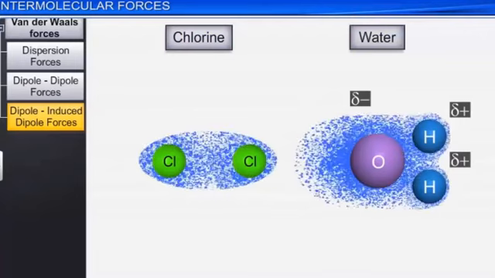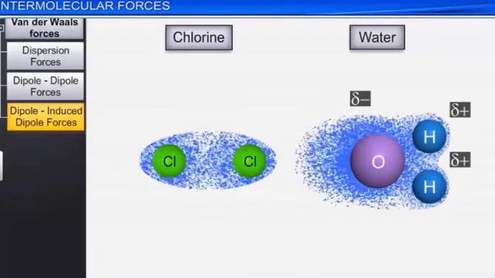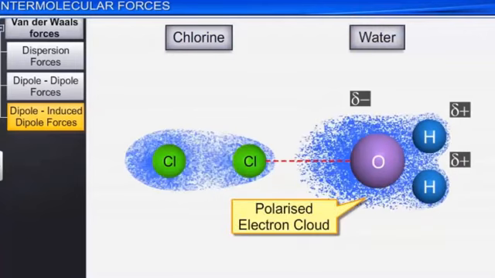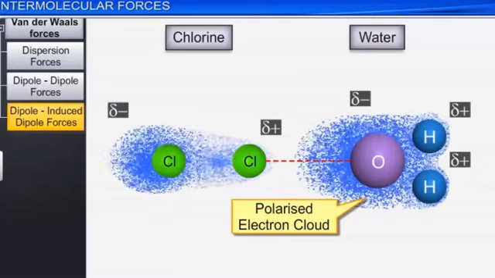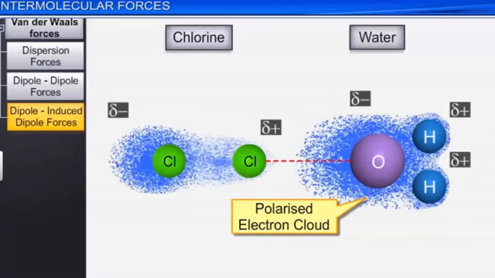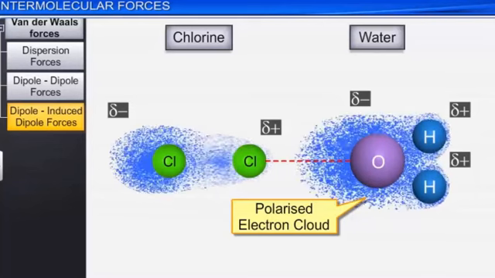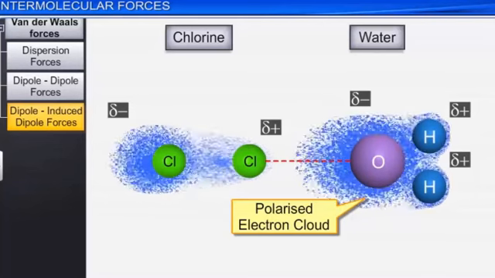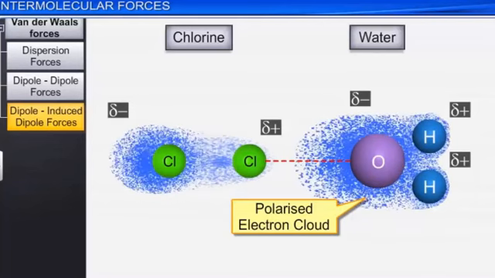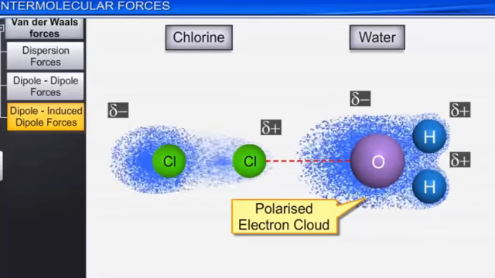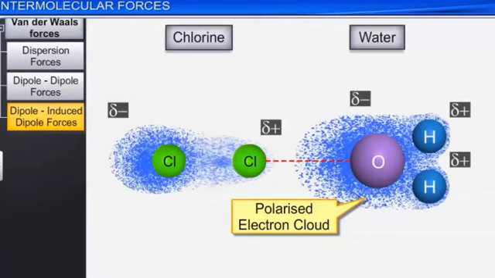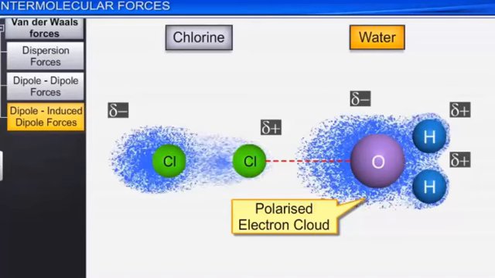The permanent dipole of the water molecule polarizes the electron cloud of chlorine and induces a dipole in the electrically neutral chlorine molecule. Thus, dipole-induced dipole interactions come into existence between water and chlorine molecules.